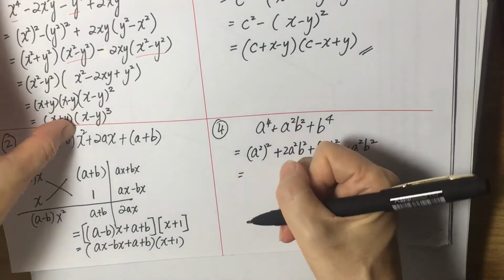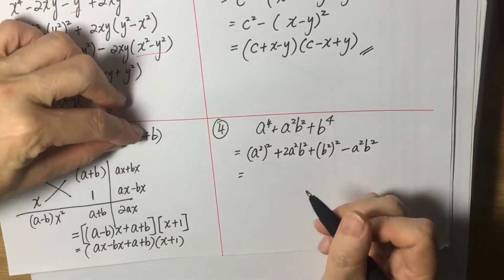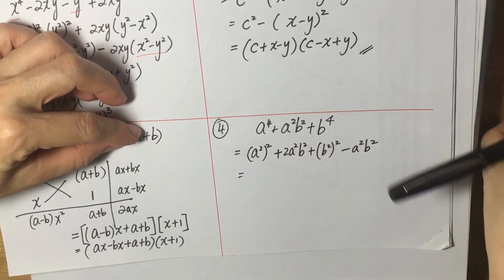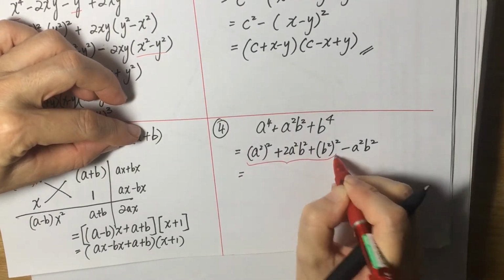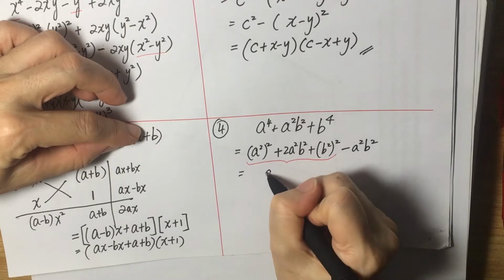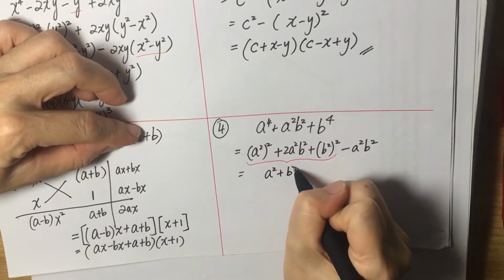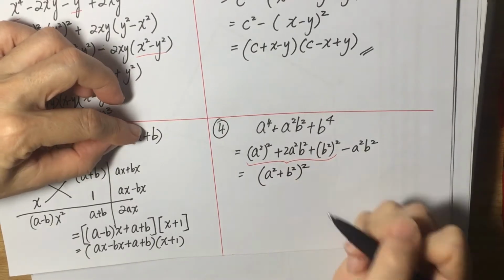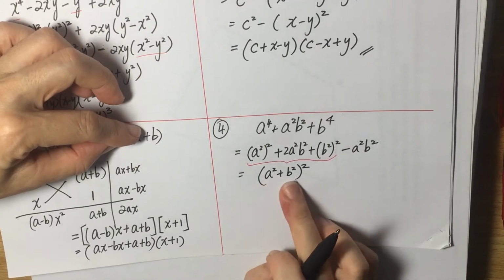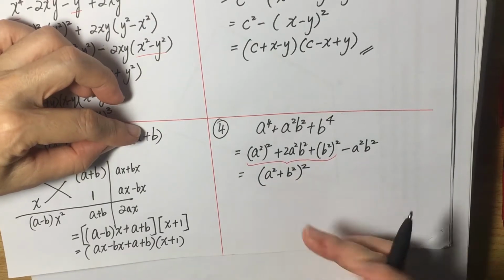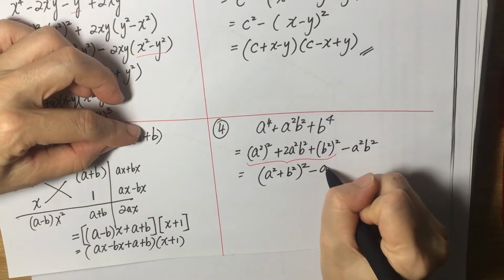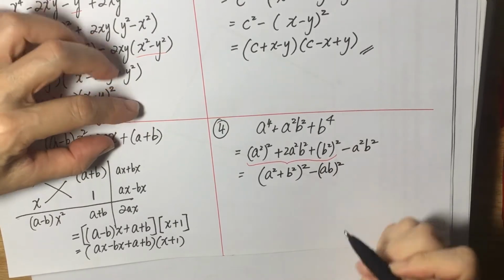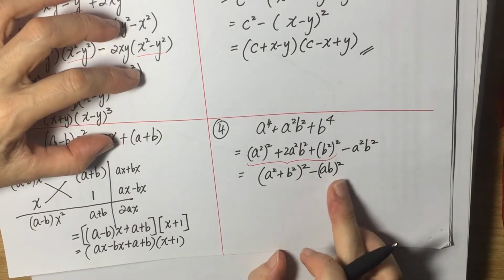Okay, so the first three terms, I'm going to group them to be a perfect square: a squared plus b squared, whole thing squared, right? So a squared, 2ab, b squared. And this is minus (ab) squared. So can you see?